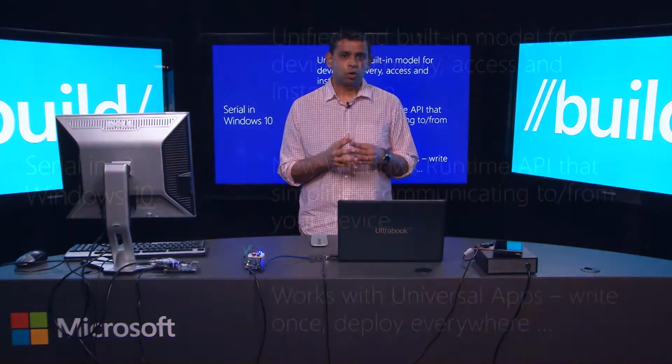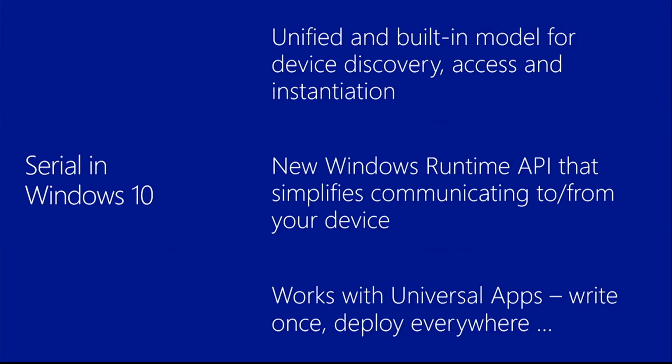So let's go back a little bit and understand why did we decide to add serial to the protocol level APIs. Now, we recognize that there is a really strong interest in the developer community as well as in the retail world to communicate with serial devices. Serial devices aren't going away. There are a lot of them.